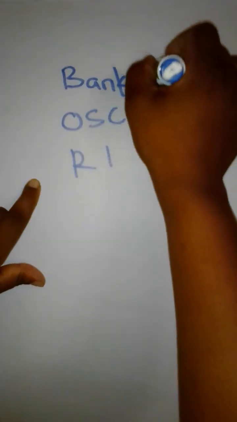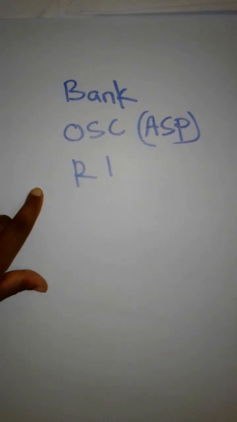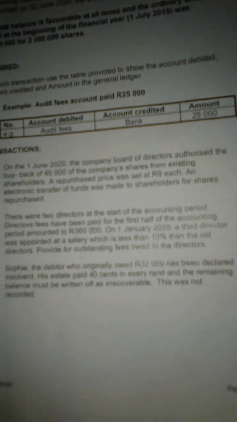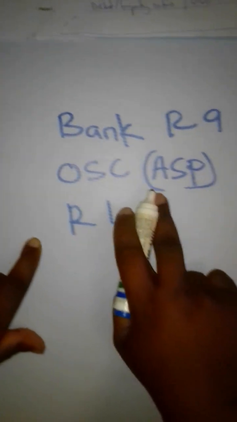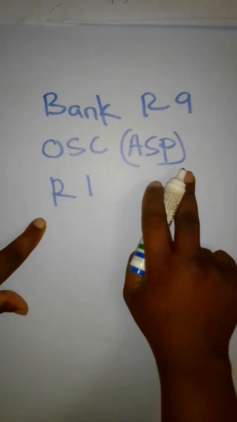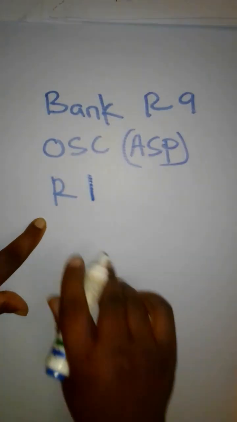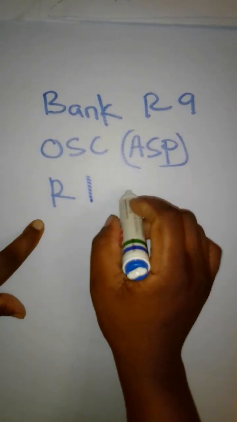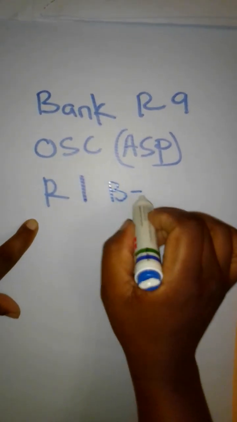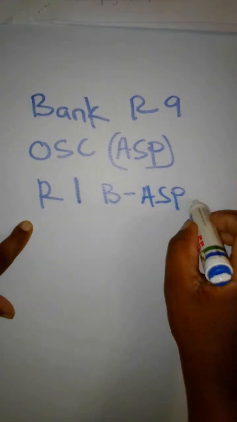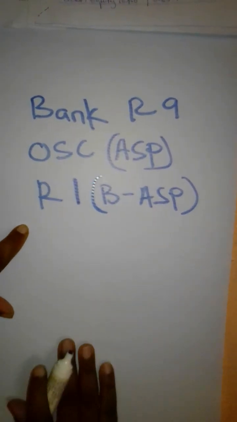Bank, of course, at the amount at which the shares were repurchased, which is given here at 9 rand. And then the retained income is the extra amount above the average share price. Okay, so that is our retained income. So in other words, I can say that it is the bank minus the average share price. It gives you the amount for the retained income.